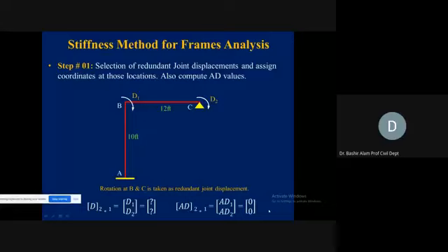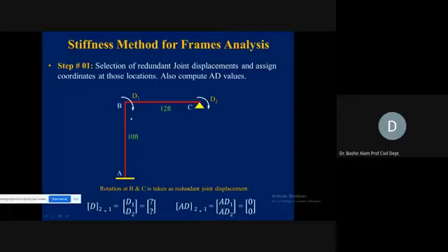Now both are 0. Why 0? Because corresponding to the unknown joint displacements, which are D1 and D2, in this particular case we don't have any external applied action. And which are those corresponding external applied actions? Those are the moments. We don't have any moments. Let's say at joint B we have a horizontal force of 5 kip, but that is not corresponding to the rotation.